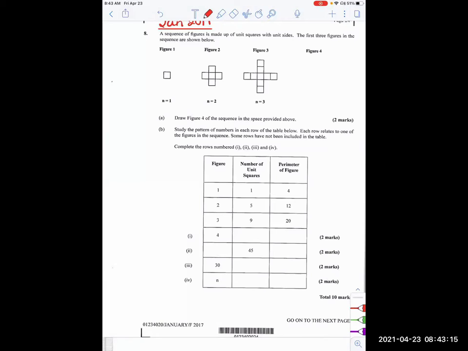When n is 1, we have 1 block. When n is 2, how many blocks do we have? 5 blocks, right? When n is 3, we have 1, 2, 3, 4, 5, 6, 7, 8, 9 blocks.